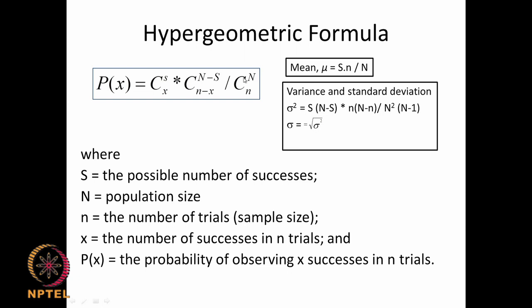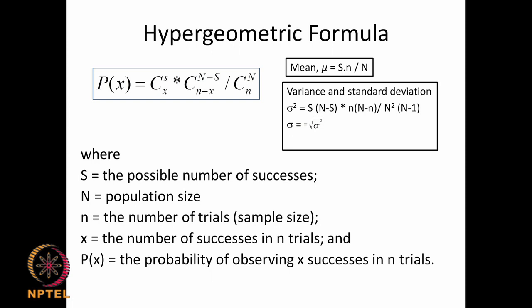That is how it is broken down. Capital N factorial will be in the numerator, and the denominator will have small n factorial and also (N minus n) factorial, and that is how the terms look in the hypergeometric distribution.